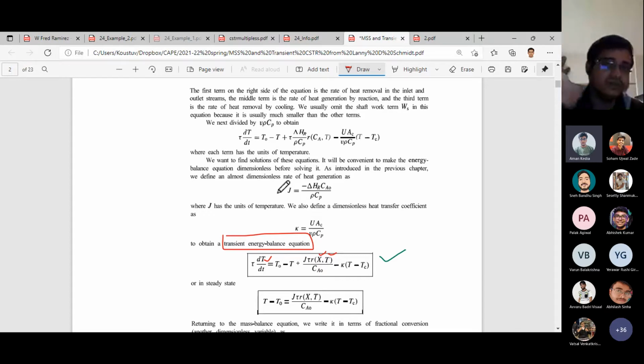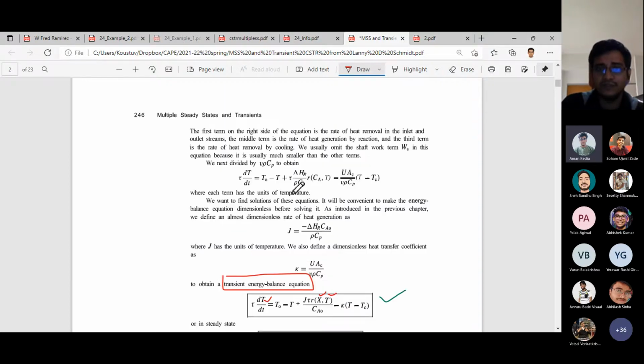So you can manipulate the terms and make use of dimensionless forms. What we have done is divide by rho Cp and the volumetric flow rate.